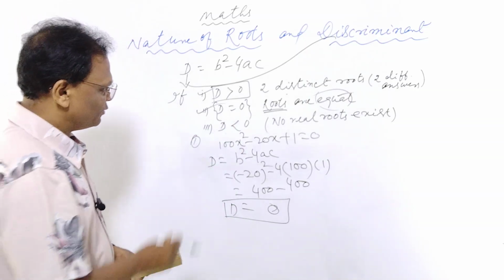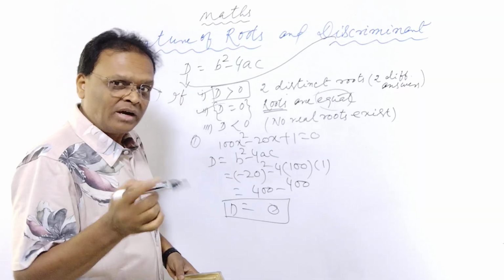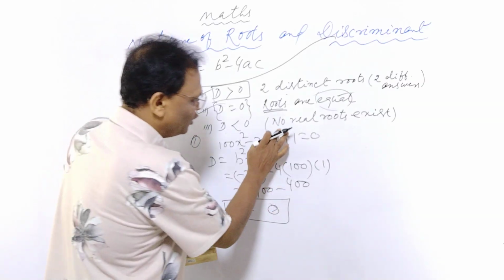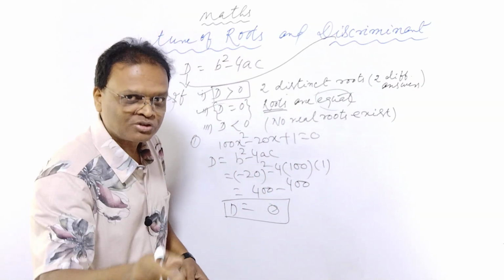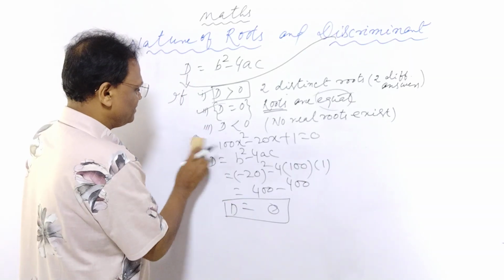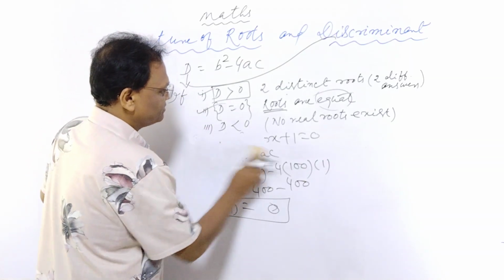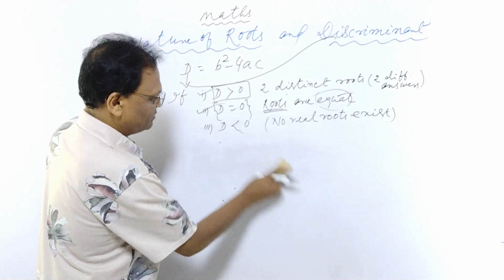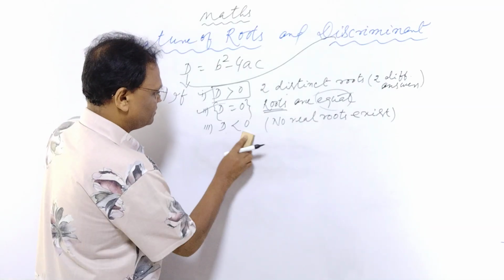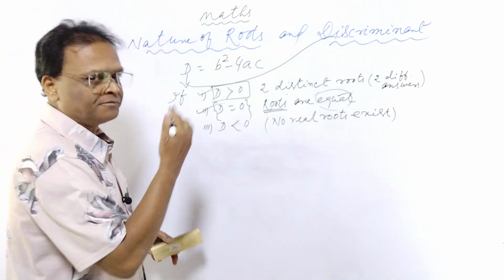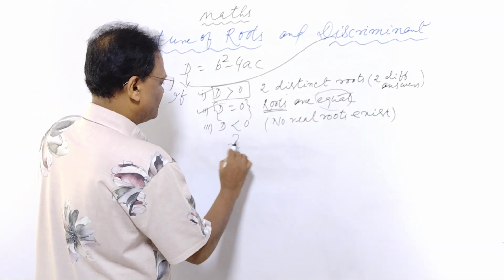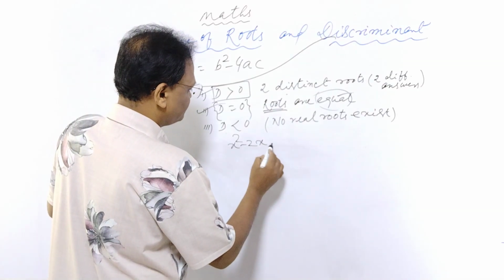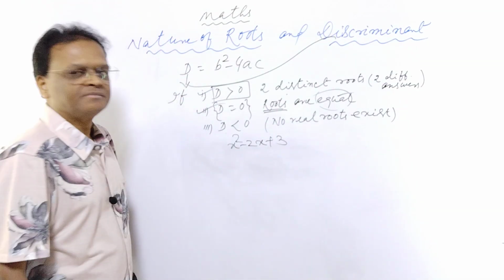Now the third one. What is the third one? What happens if the D value is less than 0? First of all, we can't find the roots. No real roots exist. If you try also, you will not get them. Let me take an example for the third one: x square minus 2x plus 3.